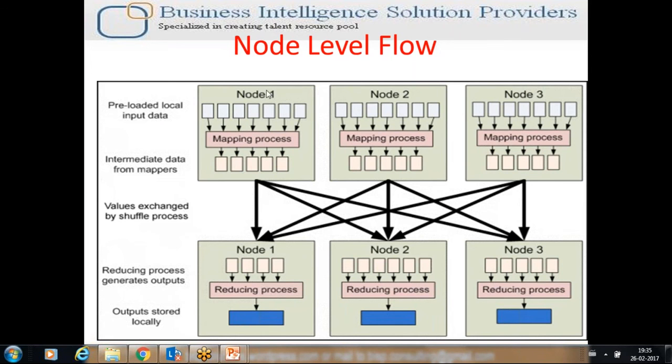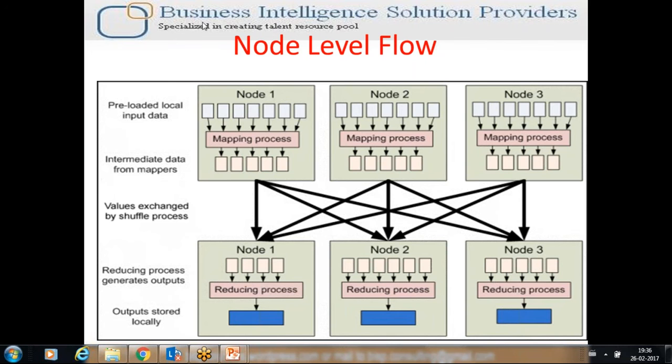Like in this case, node 1 first got the request to run the mapping process, so it ran it. So node 1, node 2, node 3, they first run the mapping process. And then the sorting and shuffling happened, the data moved from one place to another. And the same node 1, node 2, node 3, they again run the reducing process to give the final output. Right? So mapping and reducing are the tasks which any of the nodes can do.